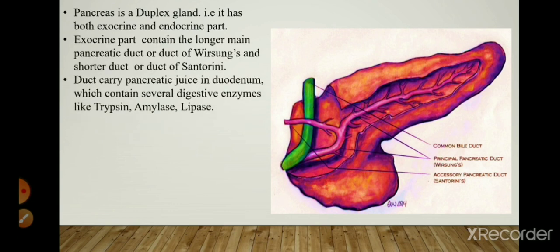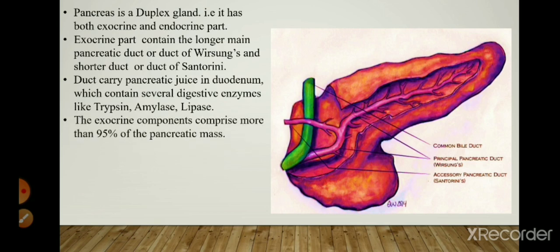Next point, the ducts carry pancreatic juice to the duodenum, which contains several digestive enzymes. These enzymes are trypsin, amylase, and lipase. These enzymes are mainly involved in the digestion of food material in the small intestine. The exocrine component comprises more than 95% of the pancreatic mass.